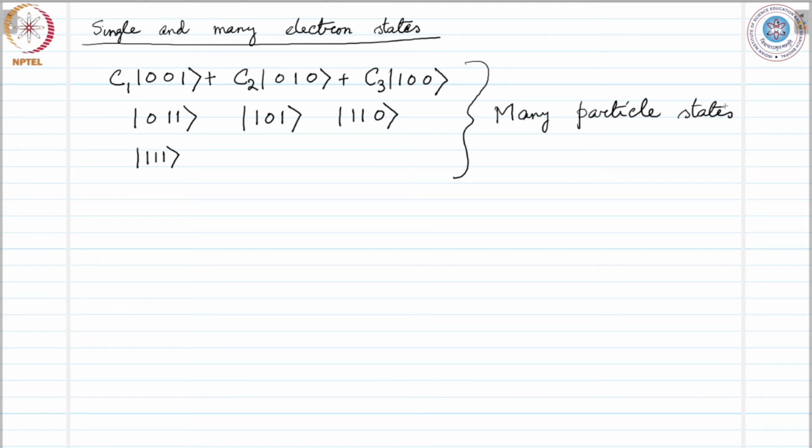Now, when the temperature is not 0, it is necessary to examine the excited states of the n electron system that we have at hand, and its ground state as well.